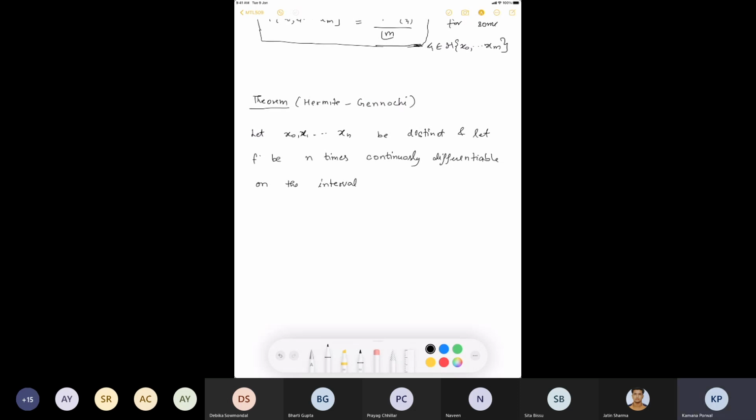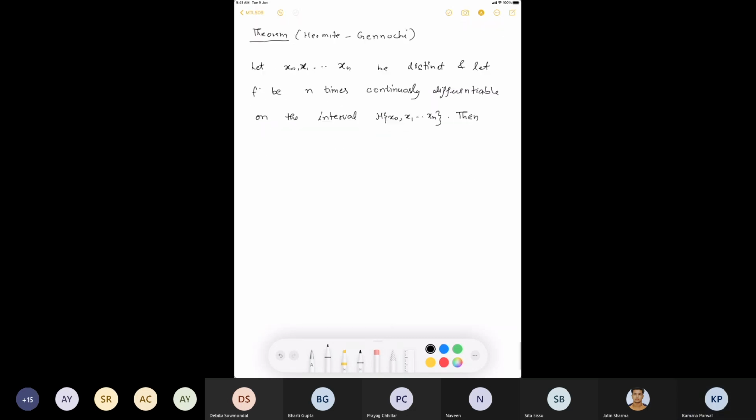I'm going to consider the smallest interval containing all these nodes, which is h, x0, x1 up to xn. This is the notation I've been using for this interval. Then the nth order divided difference of f at x0 is given by, I'm going to compute it using this integral.